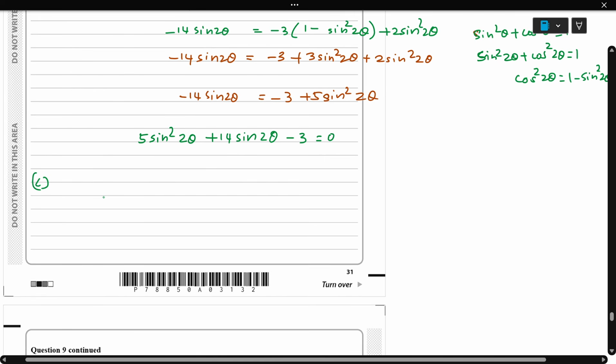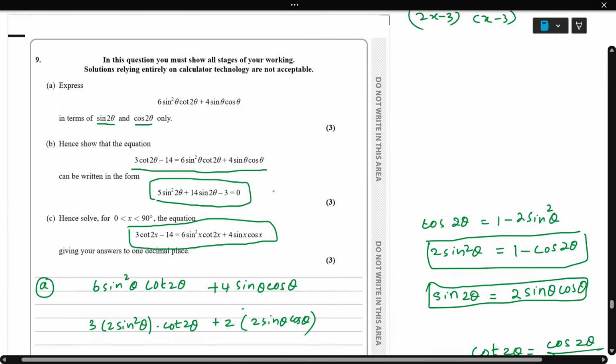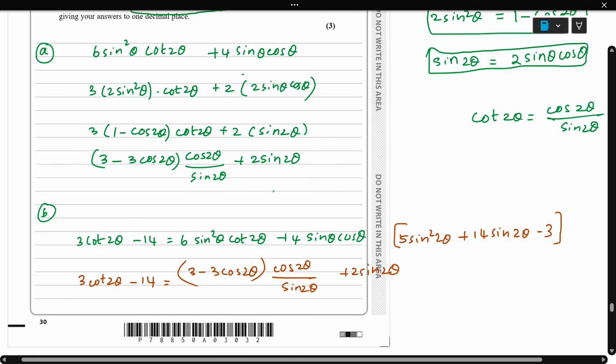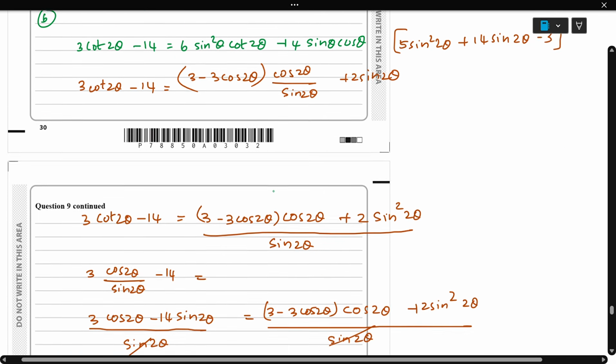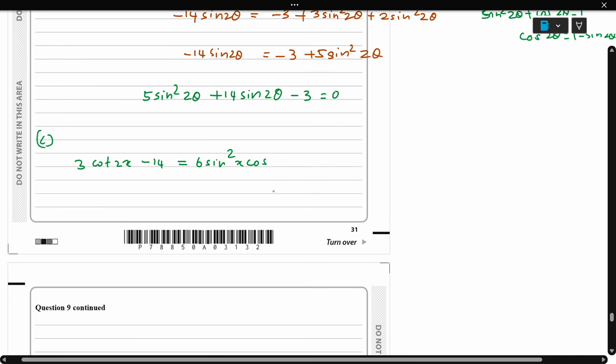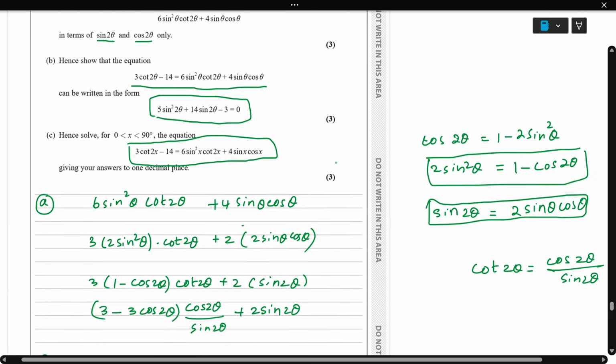The question is given: 3 cot 2x minus 14 equals 6 sin² x cot 2x plus 4 sin x cos x.